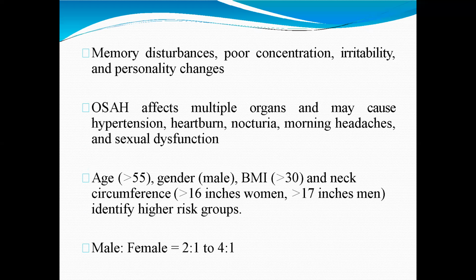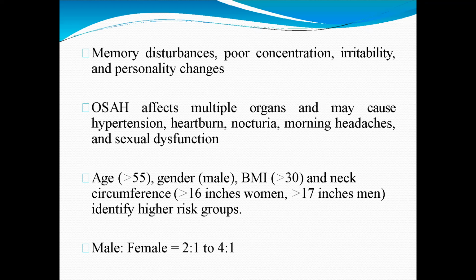Memory disturbances, poor concentration, irritability, and personality changes can also occur because of these issues. Unlike other sleep disorders that only affect sleep, here the oxygen level in the body is also reduced.